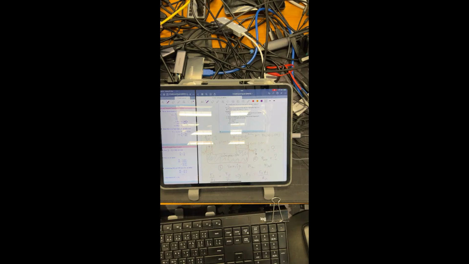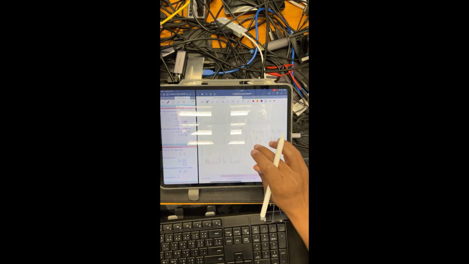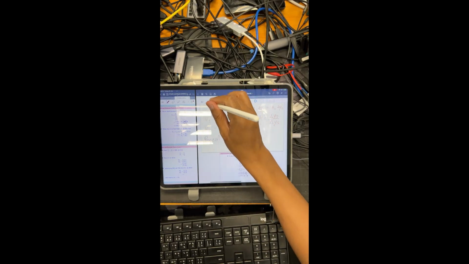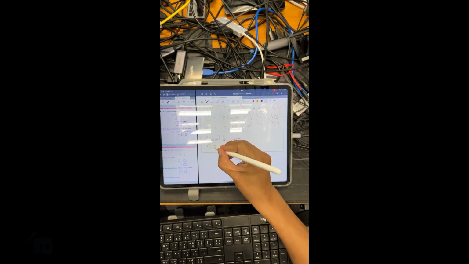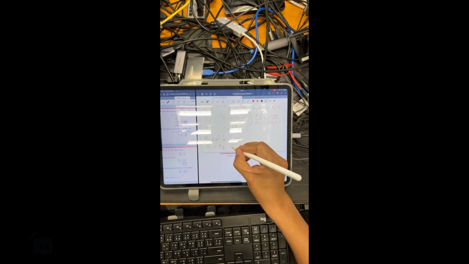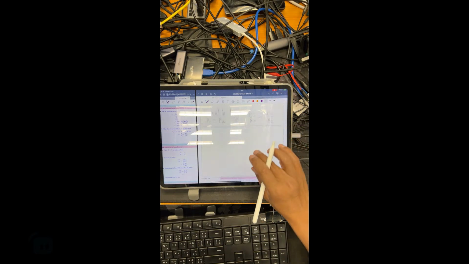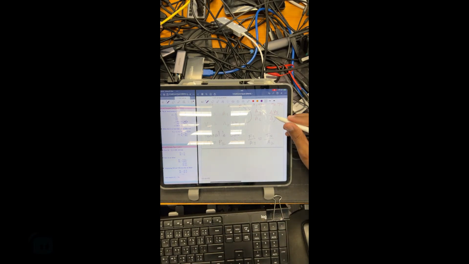So pressure 1 and pressure 2 at the same height, P1 equals P2, could be written as F1 over A1 equals F2 over A2, right? We open another page and keep this also. This is the first equation; this is the second equation.